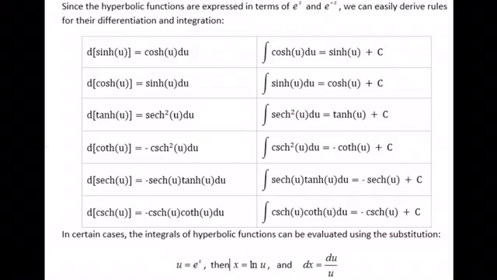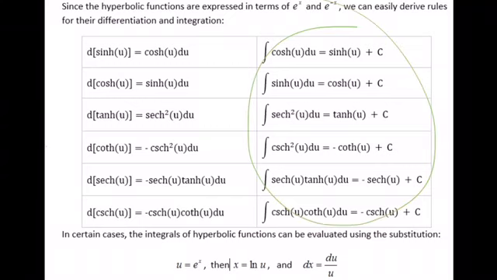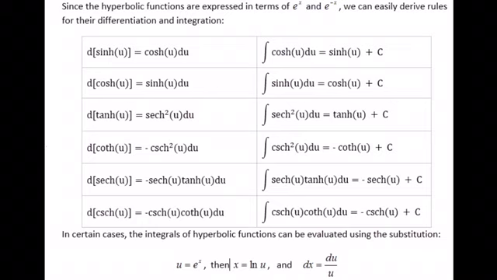The last one is the formulas for the integrals. As you can see, the first column is for the derivatives of the hyperbolic functions, and the second column is for the integrals. It is similar to the integrals of trigonometric functions. The only difference is the signs, so you have to take note of the signs.